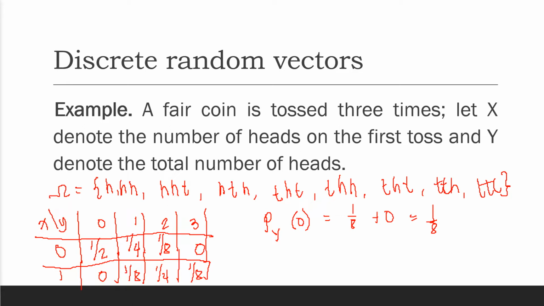Now if we get the probability of X equal to 1, then you have 1/8, plus 1/4, plus 1/8, which is equal to 1/2.